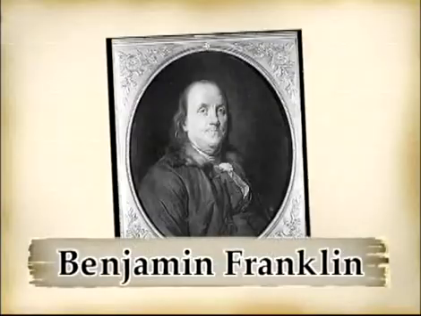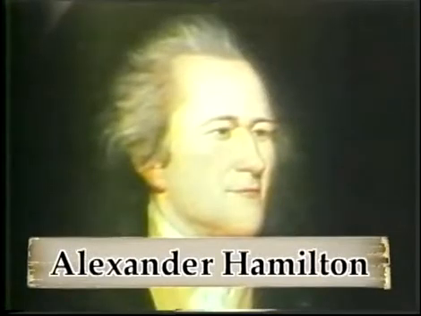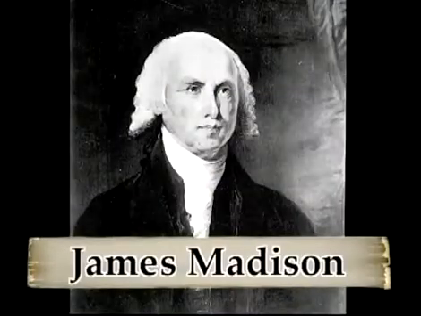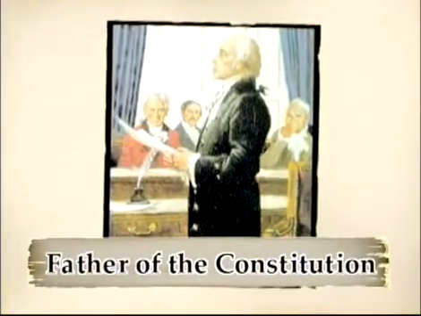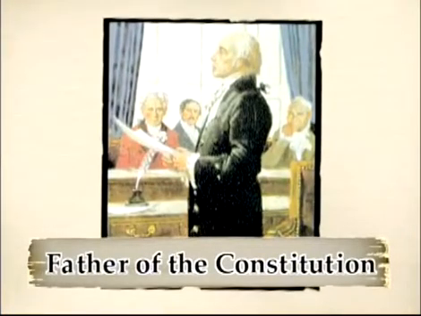Attendees included such notable figures as Benjamin Franklin, Alexander Hamilton, and James Madison. Madison became a leading member of the convention and took notes of the historical event. Because of his contributions, he is known as the Father of the Constitution.